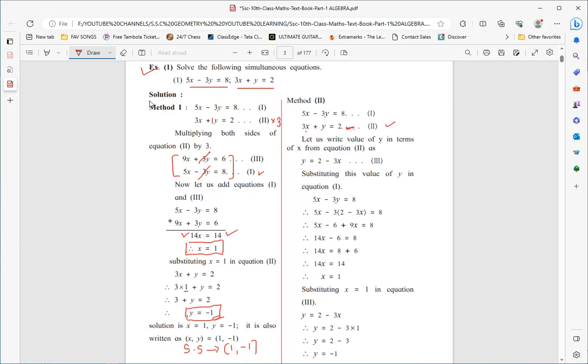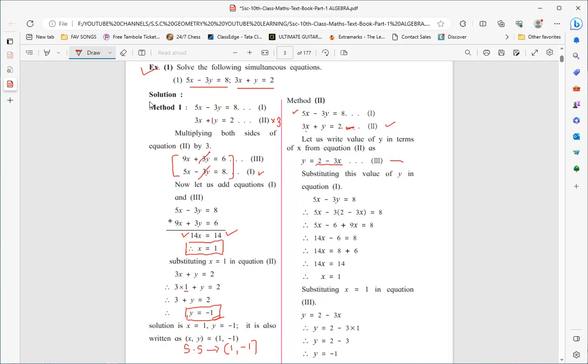Okay, so this is the third equation. Now we substitute this in equation 1. Okay, what is 1? 1 is 5x minus 3y equal to 8. So 5x minus 3 into y, where y equal to 2 minus 3x, is equal to 8.